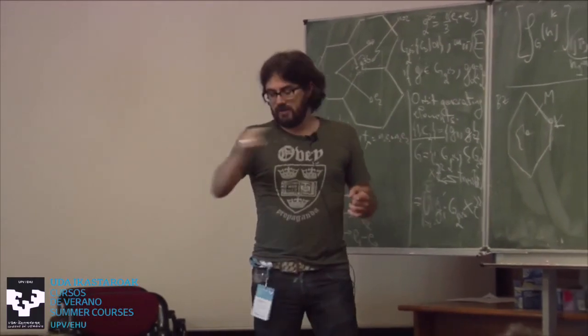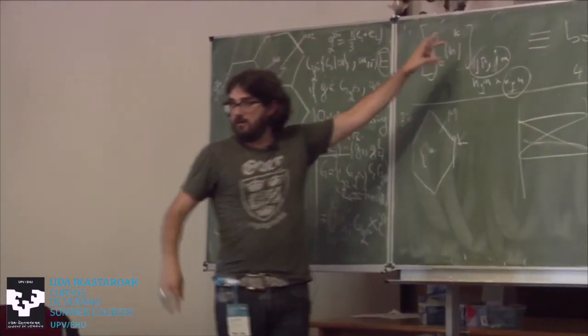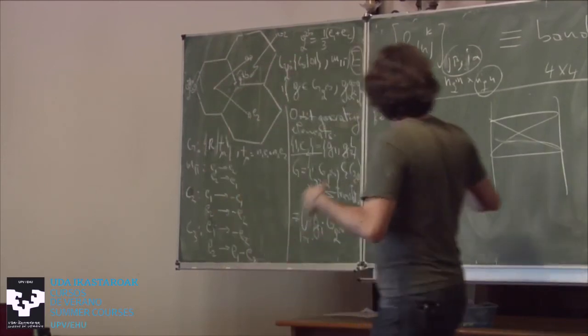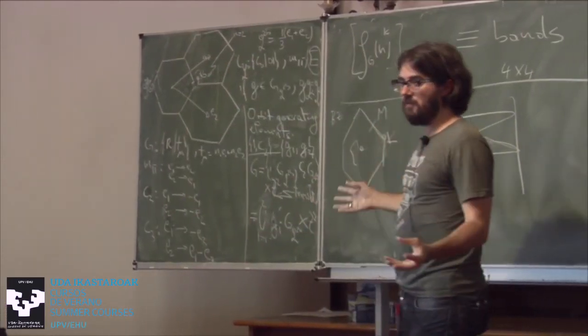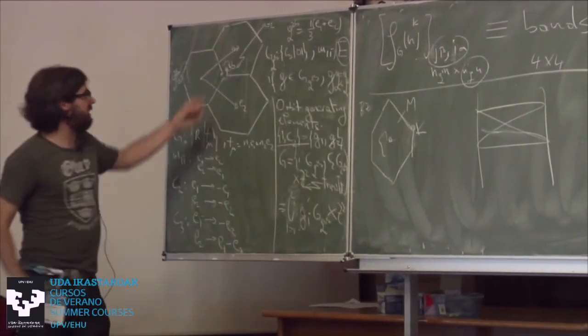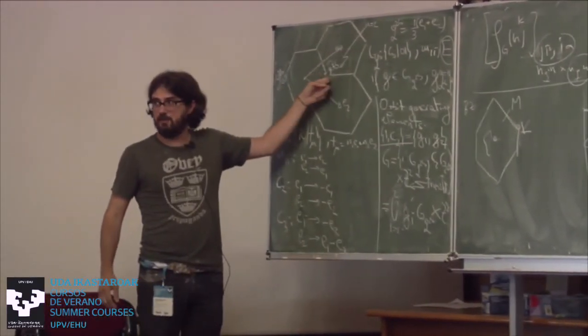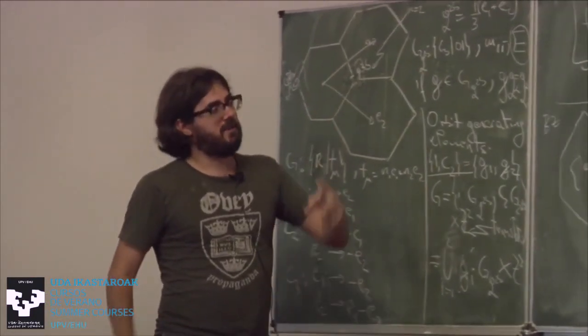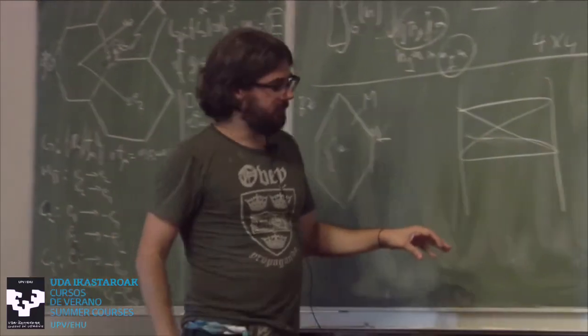Okay? The k is just a number there. So basically this is going to be called an elementary band representation. And it's elementary because I've chosen it to be induced from maximal Wyckoff positions and irreducible representations. And that means that all the bands that come in it are connected.